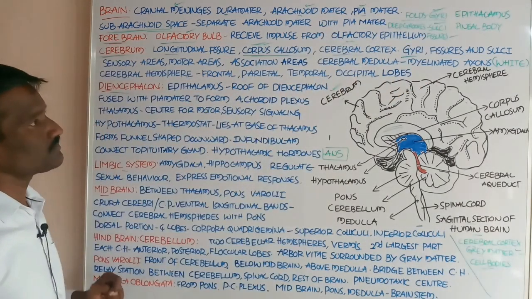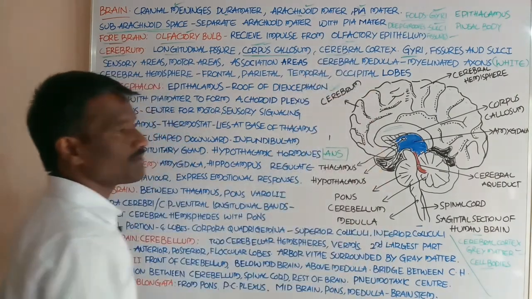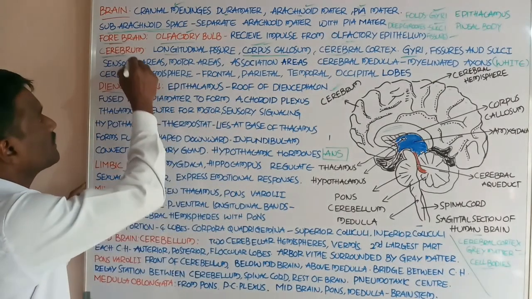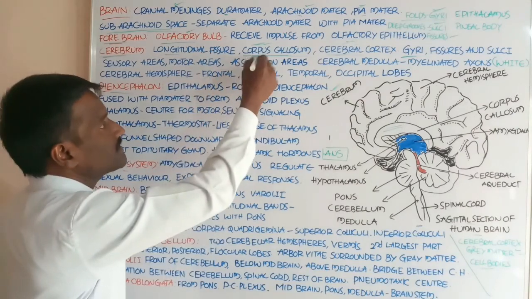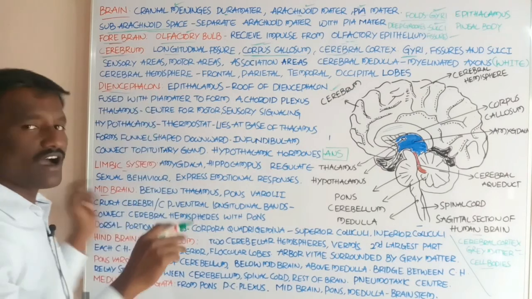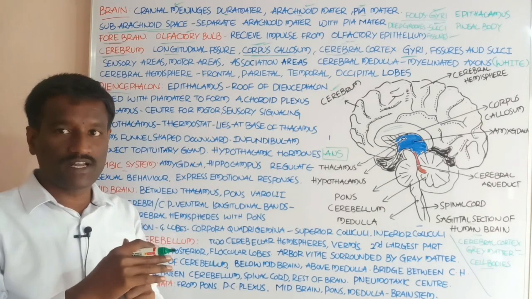Okay students, next, each cerebral cortex consists of three areas: the sensory area, the motor area, and the association area. The sensory area regulates and controls sensory impulses.